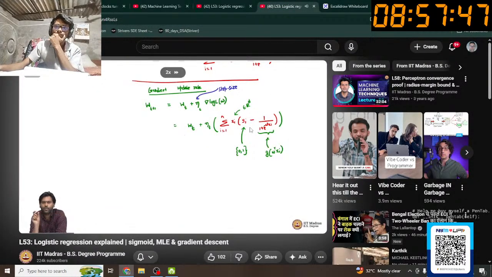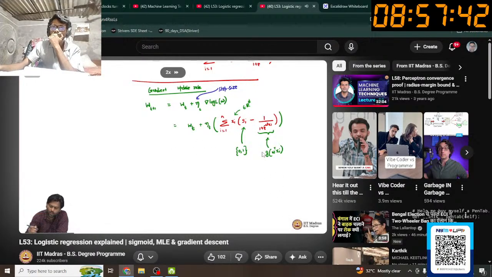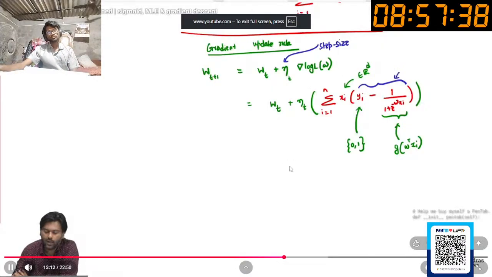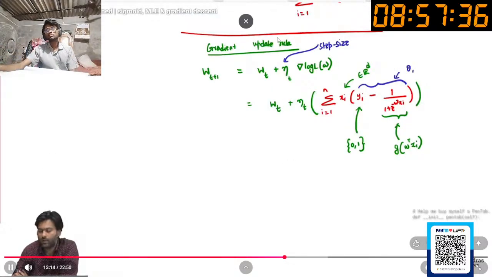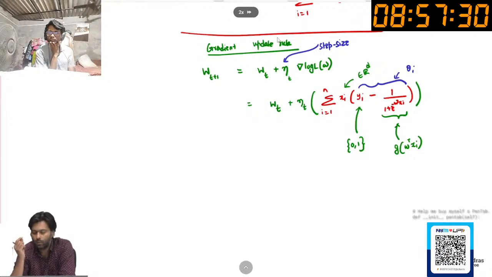Points xi times some constant. So this is just a number. So yi minus 1 by 1 plus e power minus w transpose xi, I can treat this as some theta i. So this whole thing is summation over i equals 1 to n theta i xi, where theta i is some number, xi is a vector in Rd. So basically what I'm doing is a linear combination of my data points.